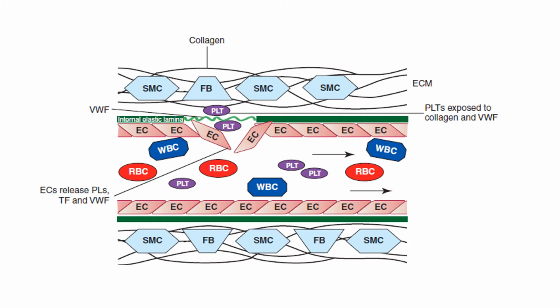Outside the blood vessels is the connective tissue, and in the connective tissue we have fibers like collagen and cells like fibroblasts. When there is an injury, the platelets are exposed to the collagen outside the blood vessel, and von Willebrand factor.